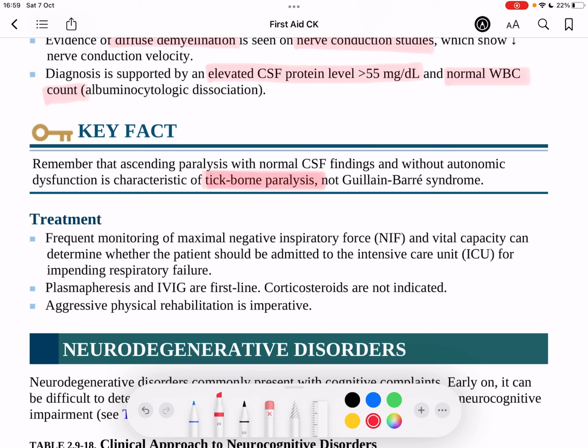This causes some immune reaction that ends up causing things like ataxia and paralysis. Again, it's not very common, but if you see a patient with ascending paralysis and the CSF is completely normal, you can add tick-borne paralysis to your differential because it's unlikely GBS.